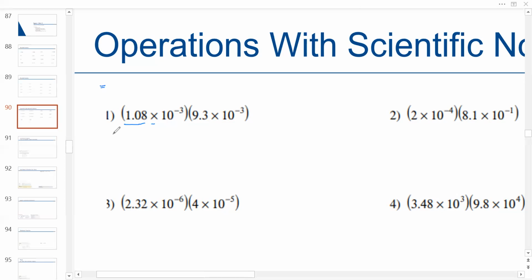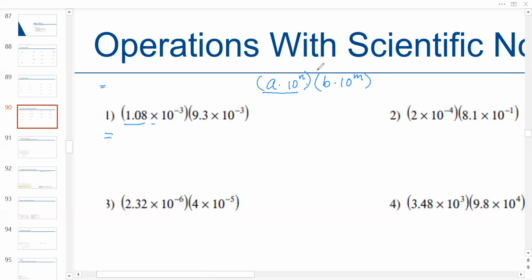So what do we do here? Let's give a general idea here. Say A times 10 power N, right? And this one is B times 10 power M, right? So this is the first scientific notation. This is the second scientific notation.